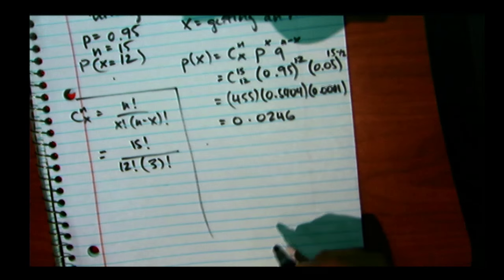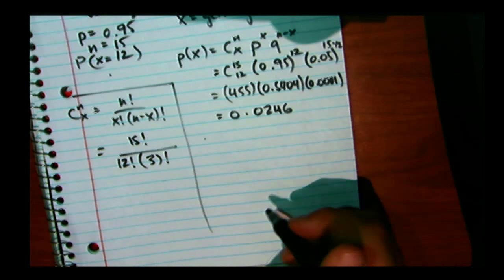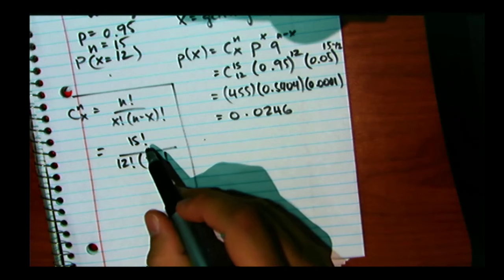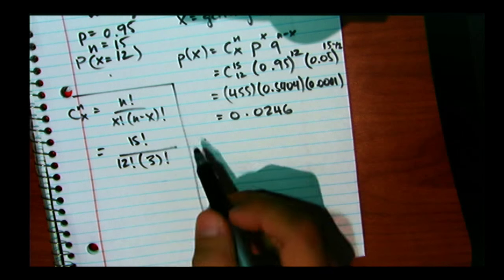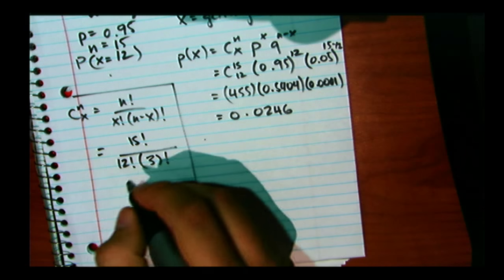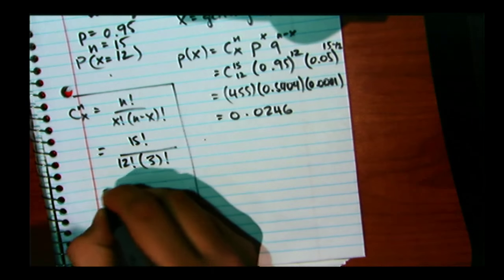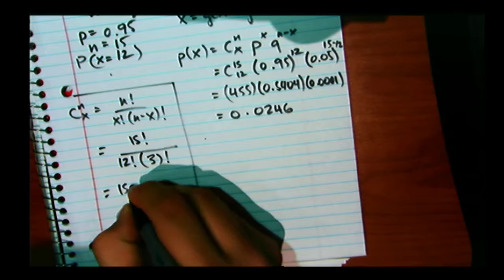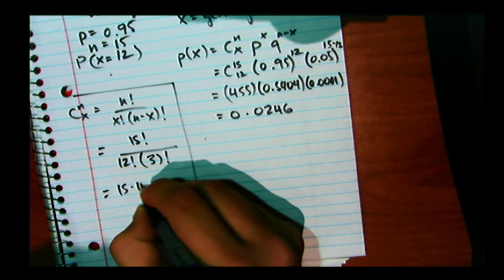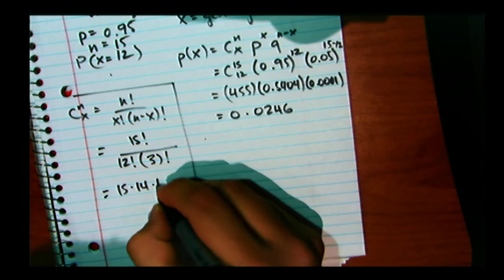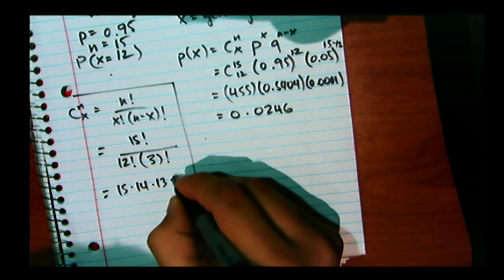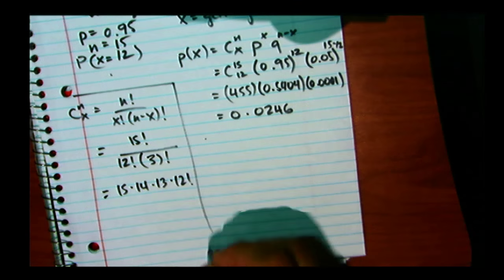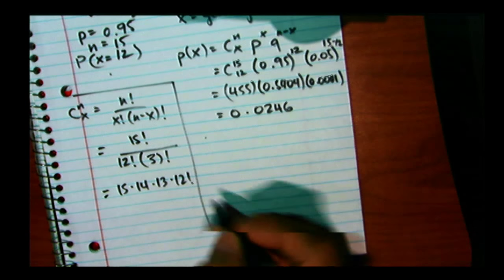Seeing as these numbers work out as just being multiplied against each other, you can work this out to be 15 times 14 times 13. I'm going to stop at 12 factorial, and I'm just going to keep it there and write 12 factorial times 3 factorial. These two will cancel out, and then it's just 15 times 14 times 13 divided by 3 times 2 times 1. Divided by 6.